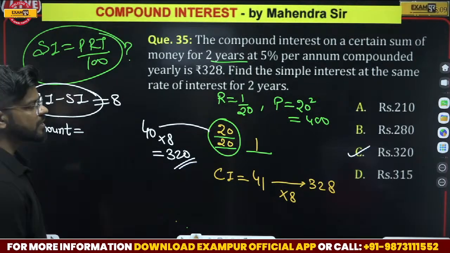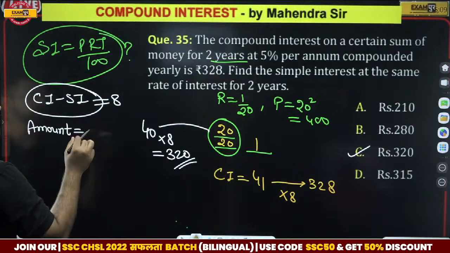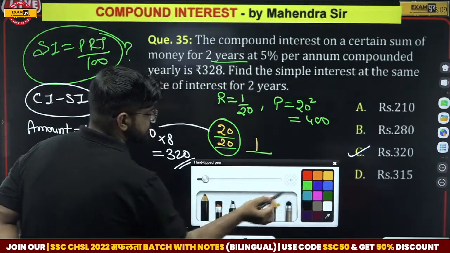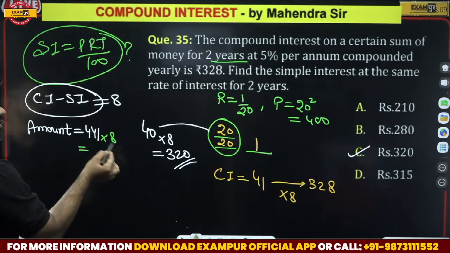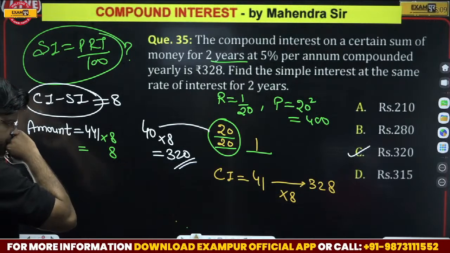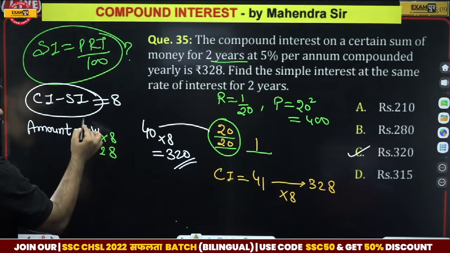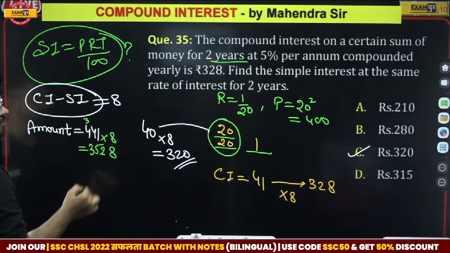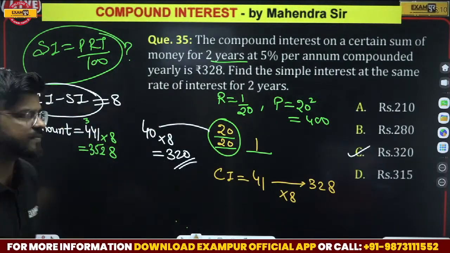You know that CI is 41 and here we have P as 441. So 441 multiplied by 8. What will be the amount? 8, then 32, again 32 and 3, 3528. Sohani, yes, very good.